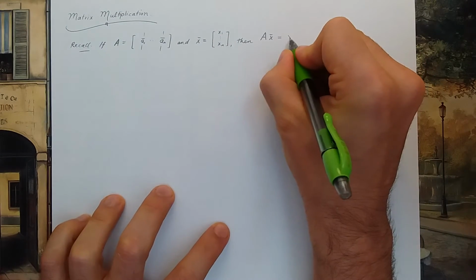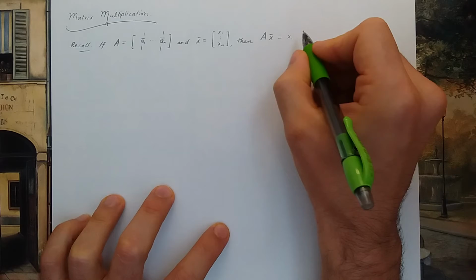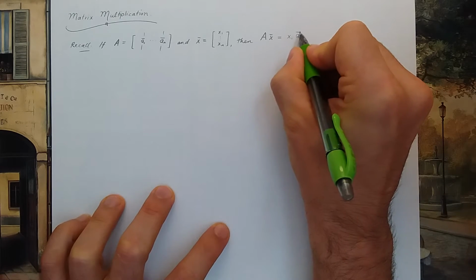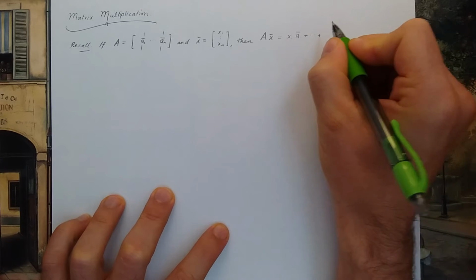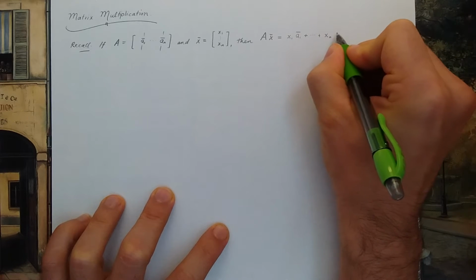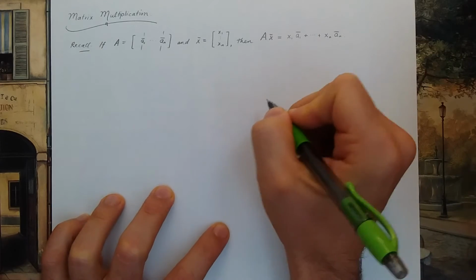So I'm going to do the constant x1 times the vector a1 and add that up until I get to xn times the column vector an.